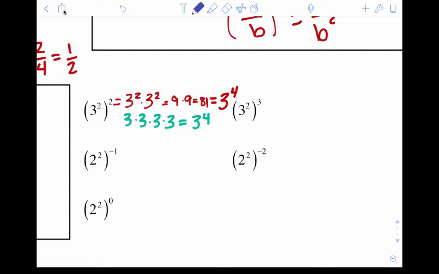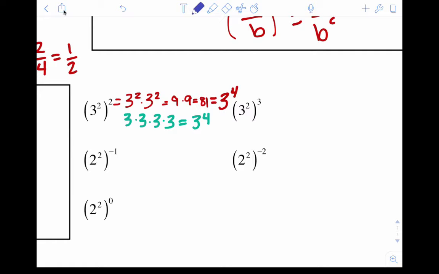Right now I'm going to look at 3 squared to the 3rd. I don't really care as much about what this actual value is. I want to see what happens to my exponents. So I have a couple different options. I can write it out in expanded form, or I can multiply it out and then convert it back.